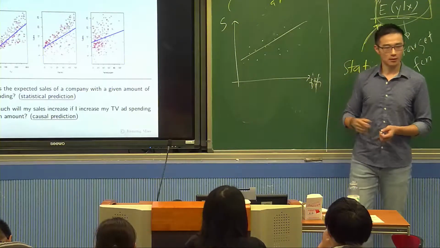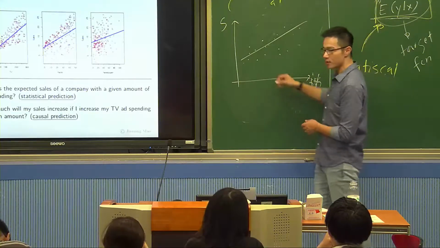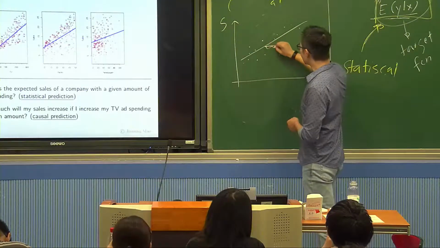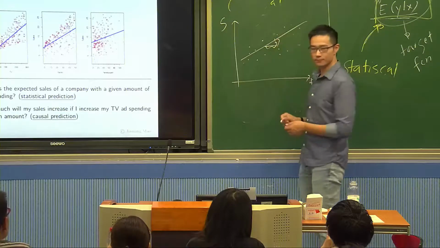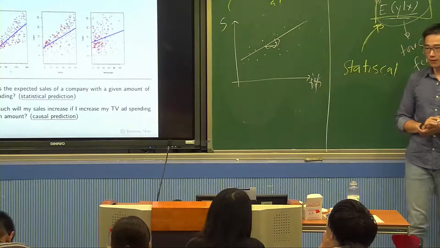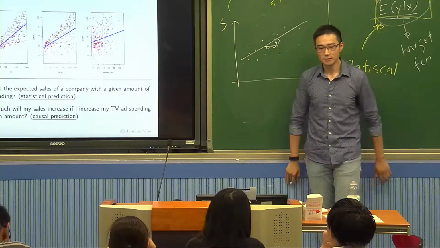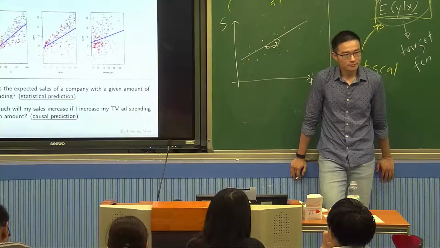Why the causal relationship may be different? The statistical says if I spend this amount of money, I will get this amount of sales. Is it possible that it's actually not correct causally? Any explanations?